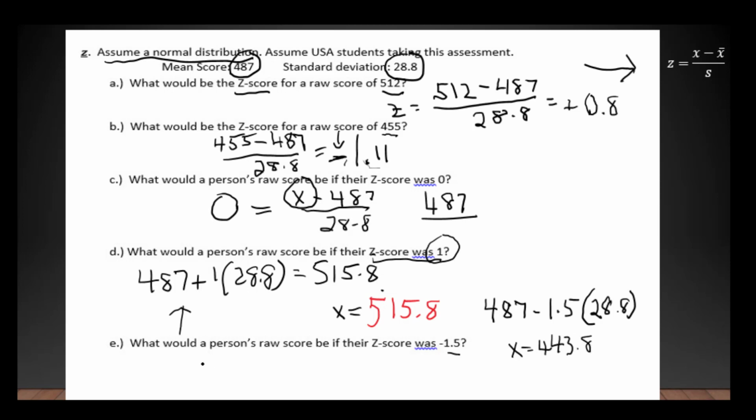Now, if you want to do it formalistically with algebra, you could do it this way. Negative 1.5, because you know the z-score. I'm going strictly according to the formula up here.